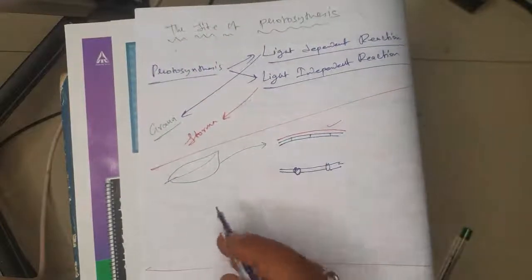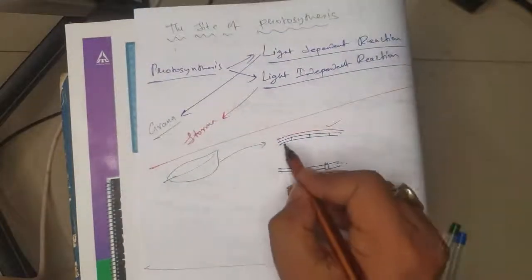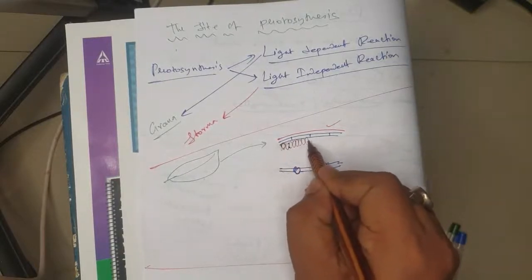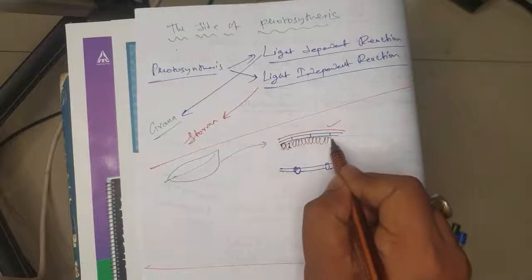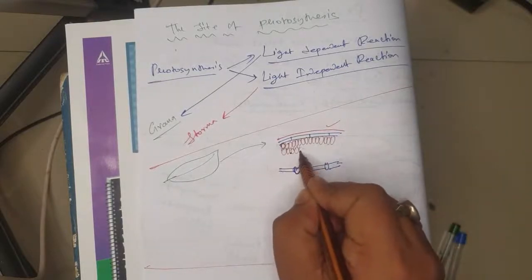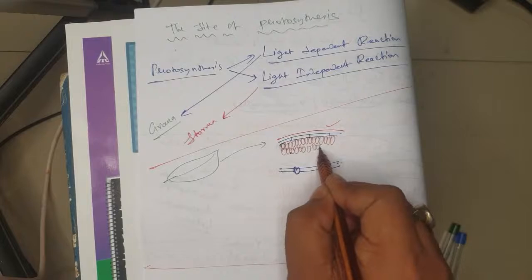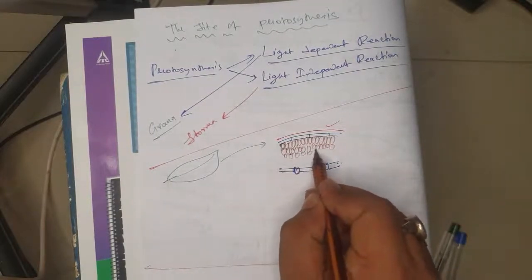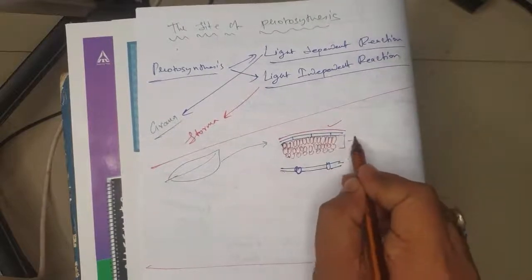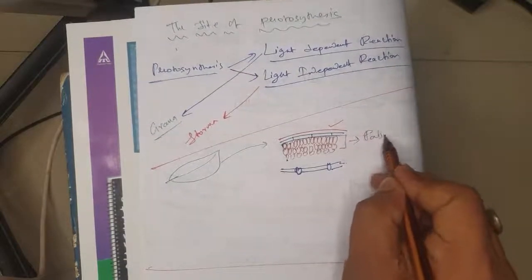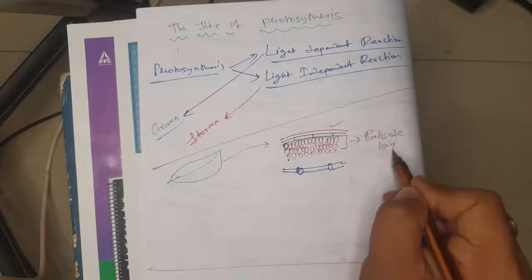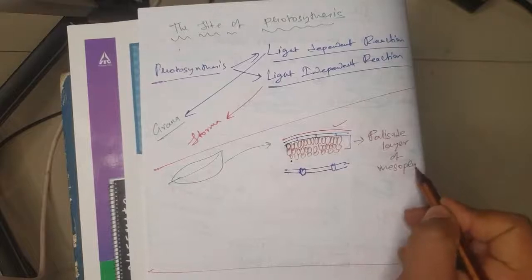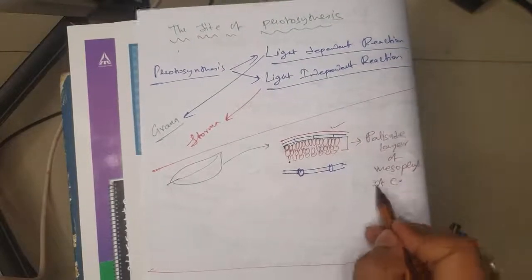The cells are tightly packed near the epidermis, and these are called the palisade layer of mesophyll cells.